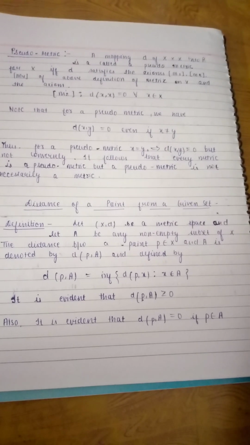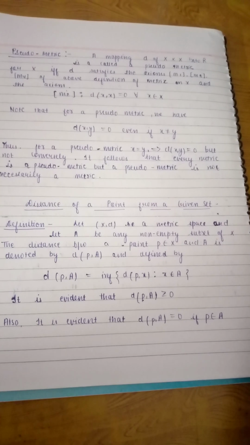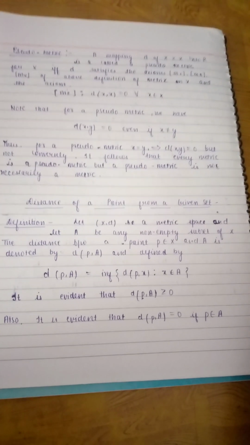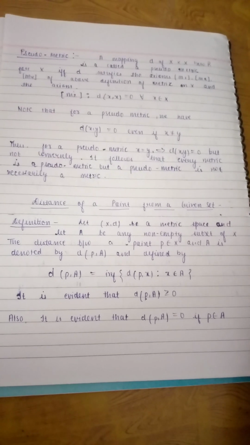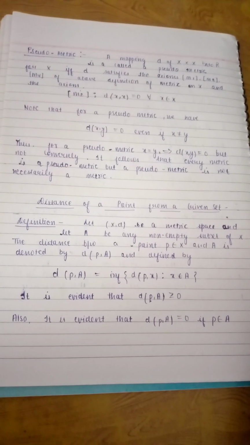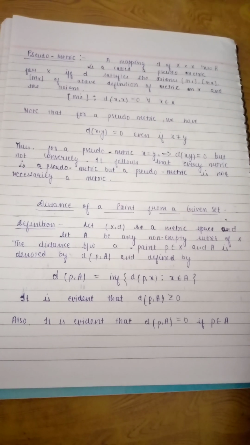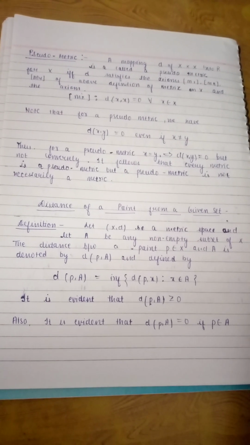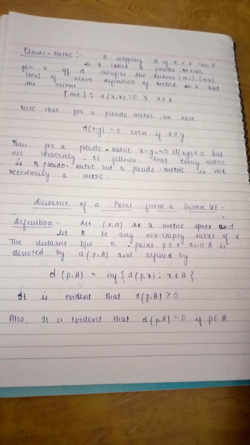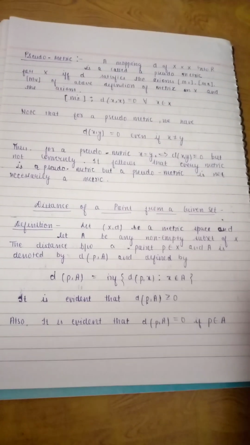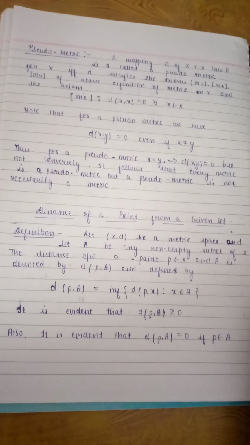The distance d(P, A) is defined as the infimum of d(P, x), where x belongs to A. Here it is evident that d(P, A) is greater than or equal to 0. Also d(P, A) is equal to 0 if P belongs to A.